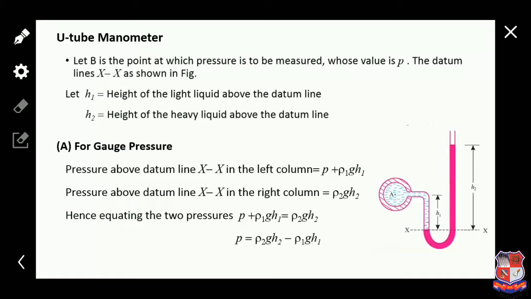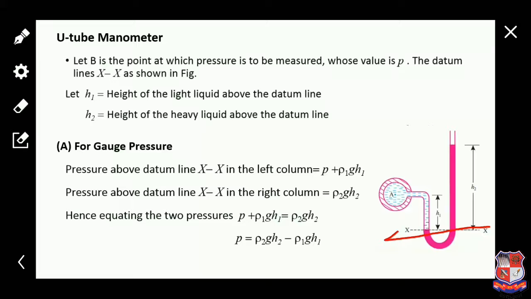Now, in equilibrium conditions, to find the pressure at A, we have to compare the pressure on both the right and left limb from the datum plane. We have to consider the datum plane at the lower column of heavy liquid.